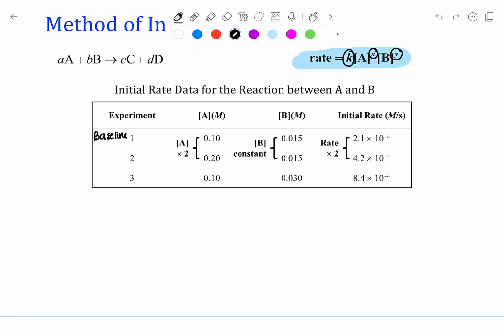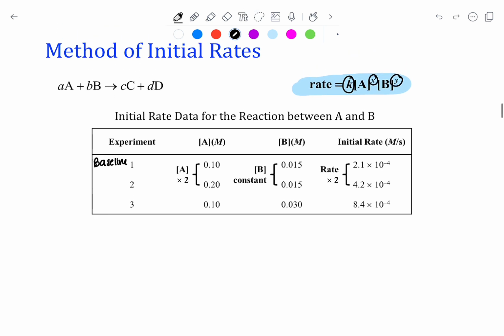Then in experiment 3, we brought the concentration of A back to the control, so we kept that constant in comparison to the control, but the concentration of B changed. We can see that as we change those concentrations, the rate of the reaction also changed. So we can utilize that information to find our reaction orders.